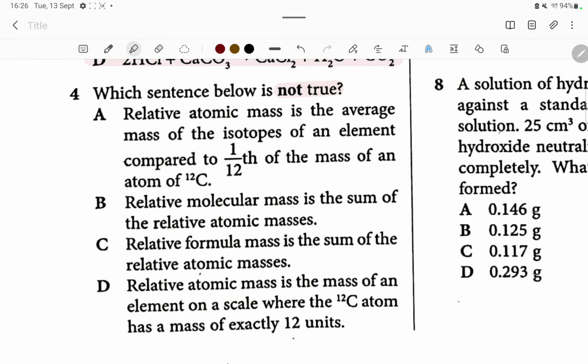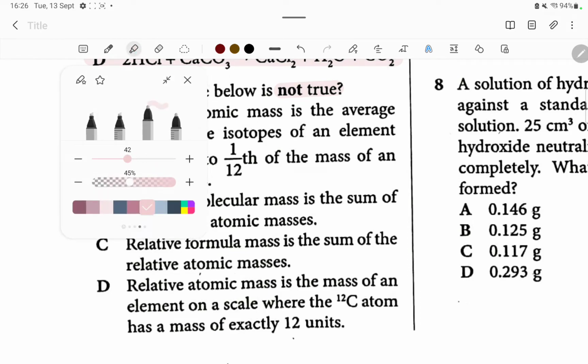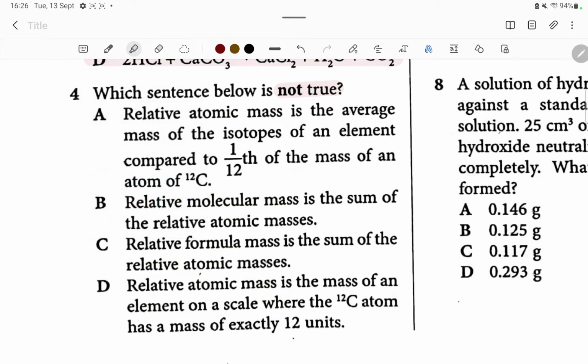This one is correct, because this one is basically the definition of the relative atomic mass. Okay, relative molecular mass is the sum of the relative atomic mass. Correct also?